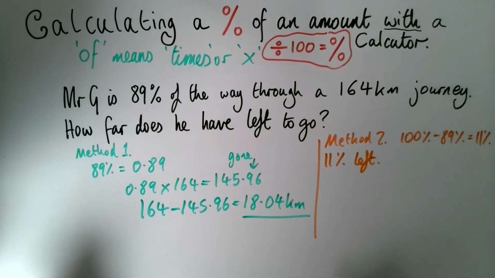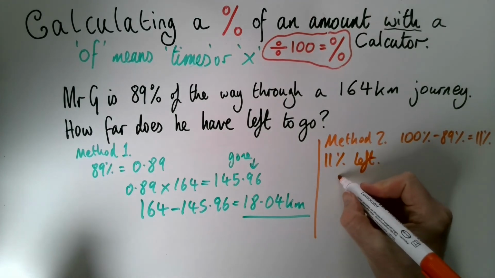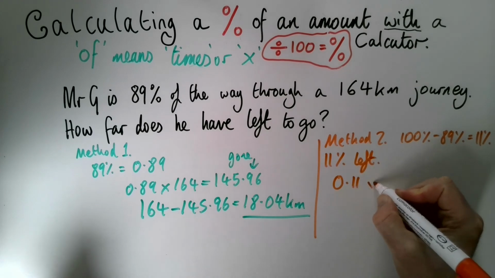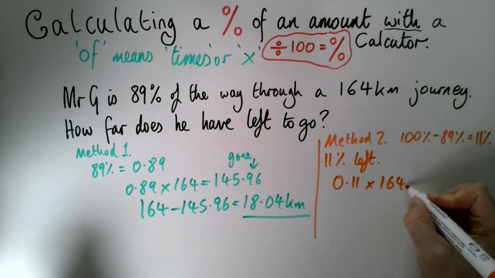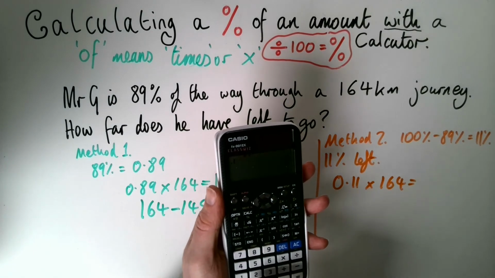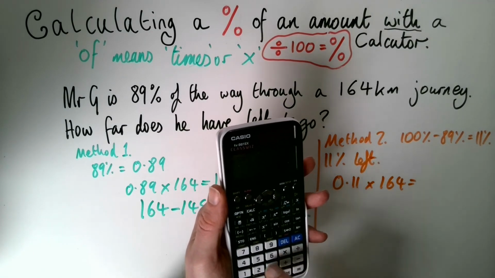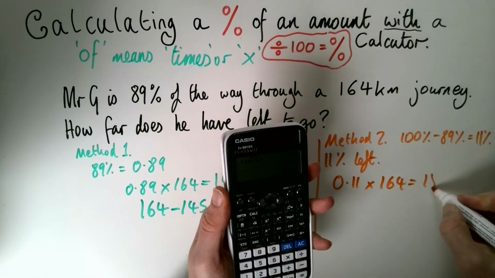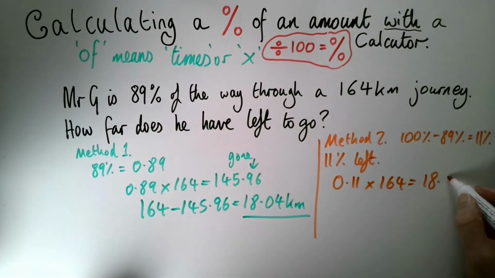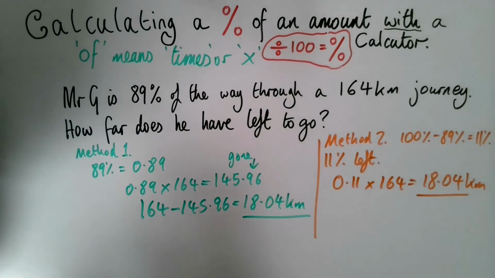So if I find 11%, which is 0.11, and do 0.11 times 164, let's try that in the calculator, that also gives me 18.04 kilometres, and that has saved me a little bit of work.